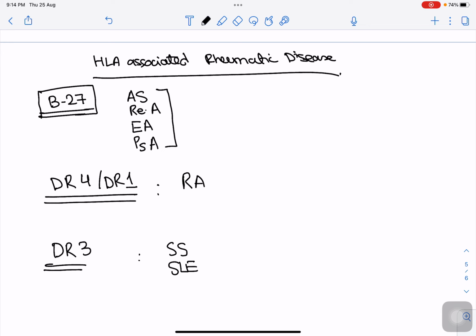DR3 is associated with the production of anti-Ro, which is also known as SSA, and anti-La, which is SSB, antibodies. SSA is usually found in systemic sclerosis, and along with that, it is also found in neonatal lupus.